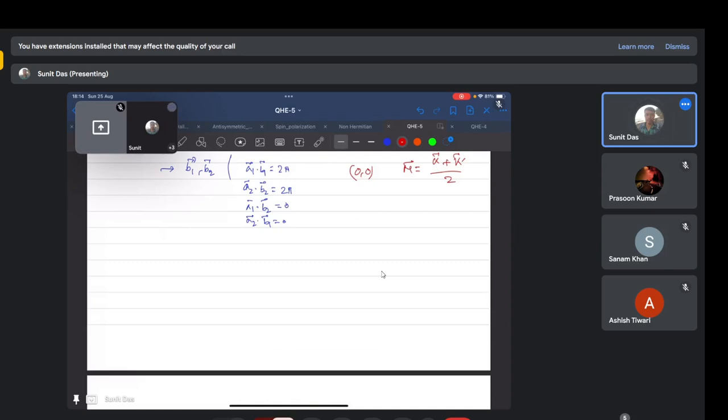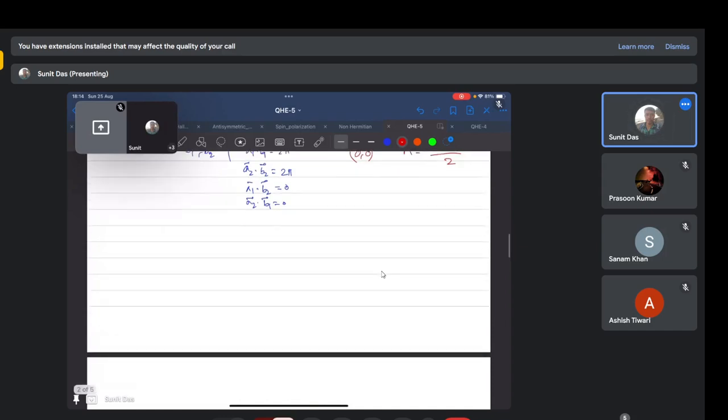Let's see. So we had the Hamiltonian. I'm just assuming that a lot of things have been done and starting directly from the tight binding Hamiltonian.